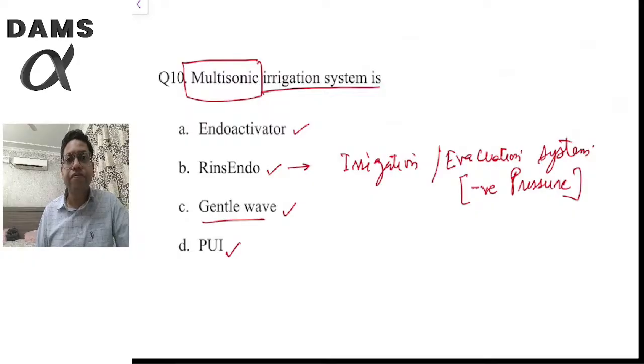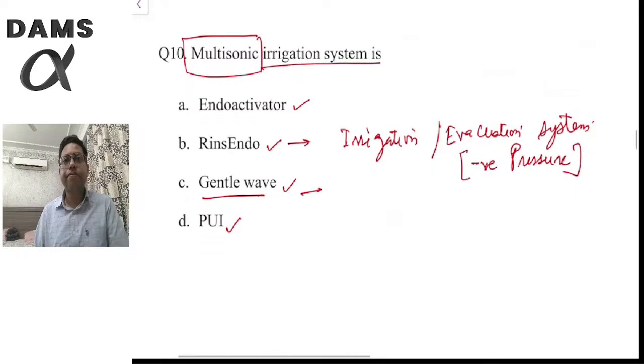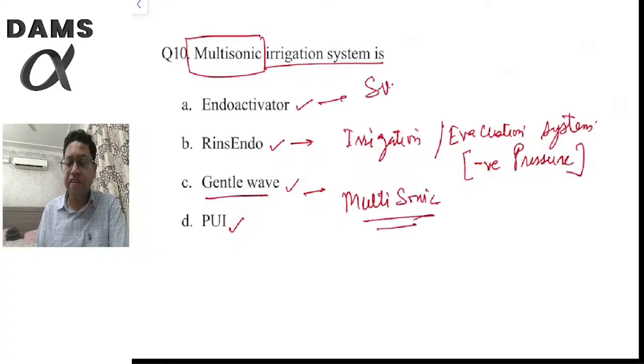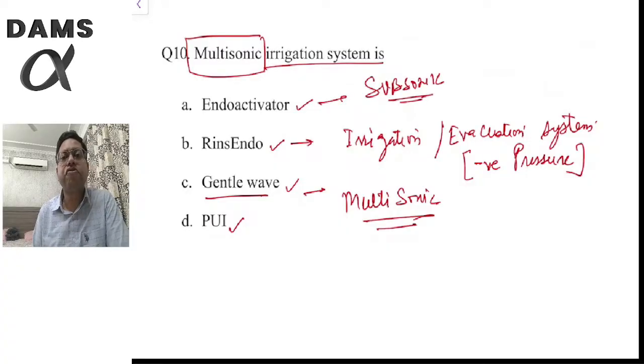Gentle wave is a multisonic method of irrigation. Endo activator is a subsonic method of irrigation. It produces subsonic vibrations. Okay.